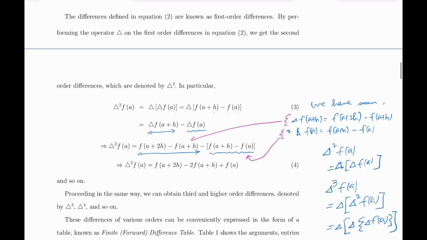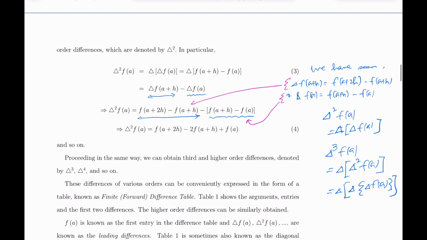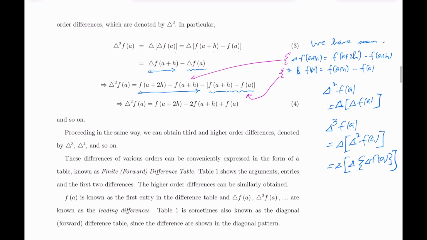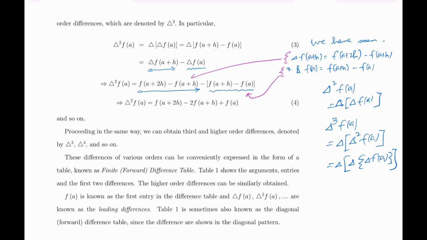These are known as the first order differences. We can find out the second order differences, which are written as Δ². So Δ²f(a) can be written as Δ of Δf(a). For Δf(a), we can write f(a+h) − f(a). Okay, open the bracket. This gives you Δf(a+h) − Δf(a).